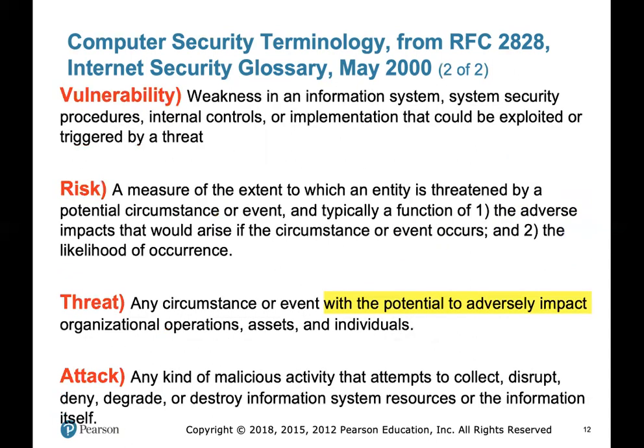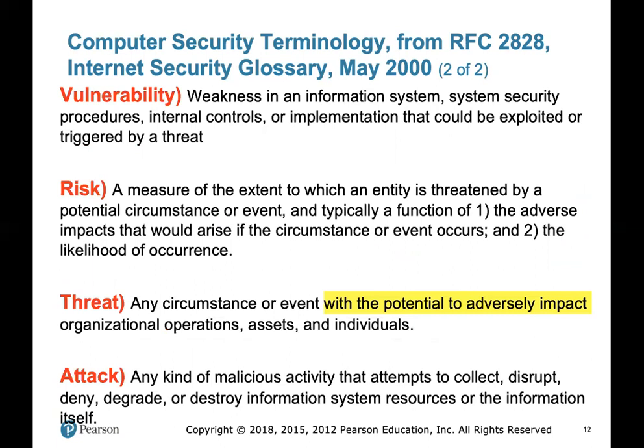Okay, and now let's talk about a very important chain that we have in the security domain. We have vulnerability, and then risk, and then threat, and then attack. These are somehow related. What is vulnerability?